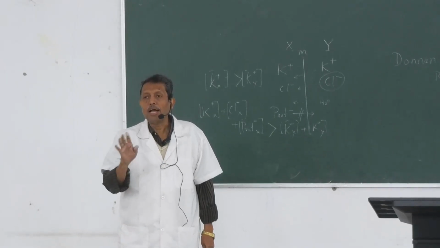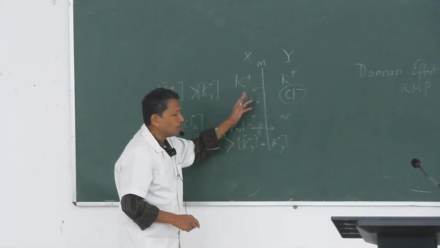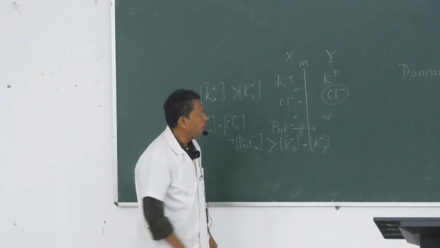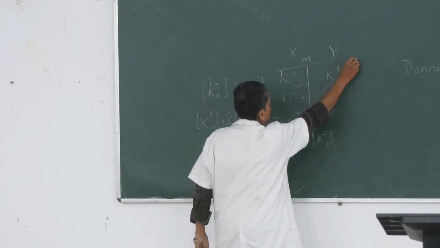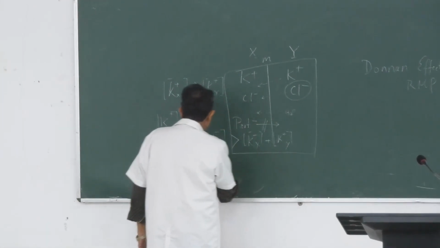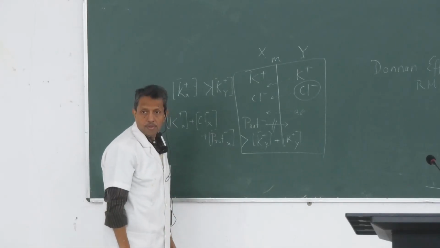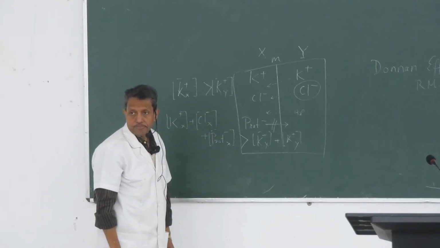And for this reason, you will find that in the text they say that this volume remains constant. If the volume remains constant and it is not changeable, then this type of effect will occur at equilibrium.